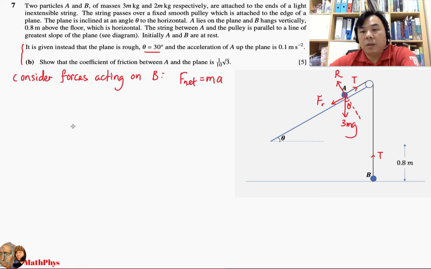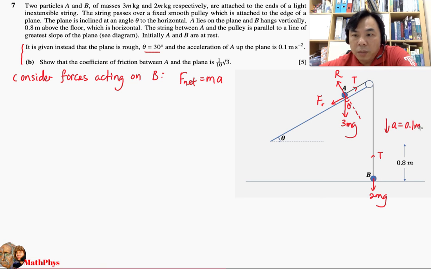Now, knowing that the weight of this object is 2mg, and because it's accelerating downward, its acceleration is 0.1 meter per second square. This is accelerating upward as a equals to 0.1 meter per second square also.